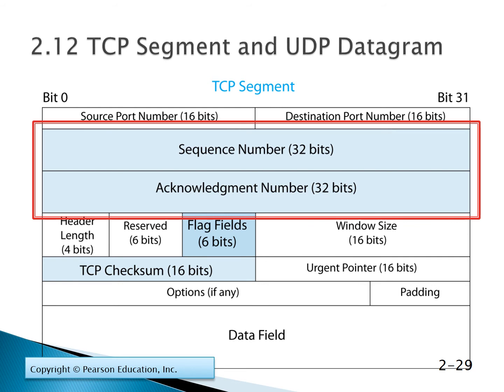So when these segments are sent from, say, host A to host B, they may not arrive in the same order. Just like when you mail a pile of letters at the post office, they may arrive at the recipient in different orders.